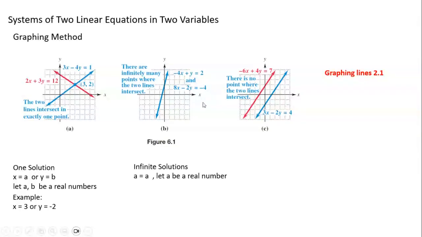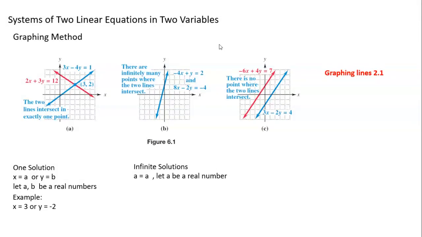They would have the same slope and same y-intercept. So there's two ways you can look at it. You can look at these two lines as just being one line, or you can think of it as one line on top of another line. So when we have this case where we have the same slope and same y-intercept, meaning it's producing the same line, the answer for this is an infinite number of solutions.